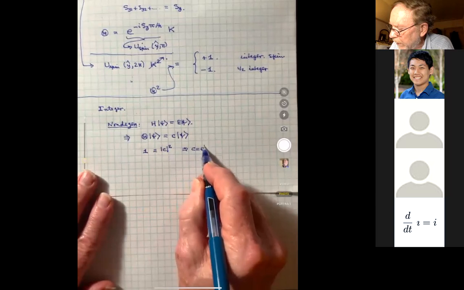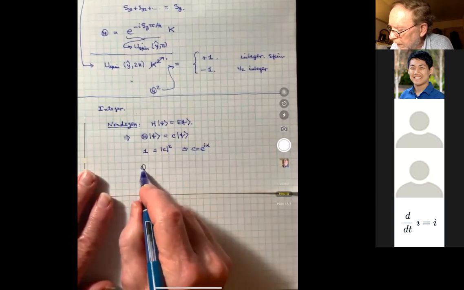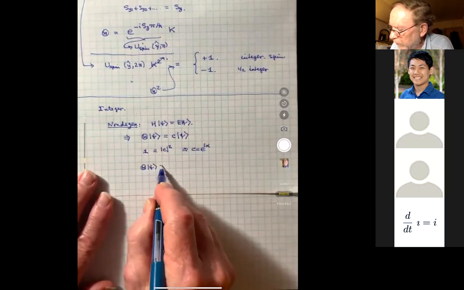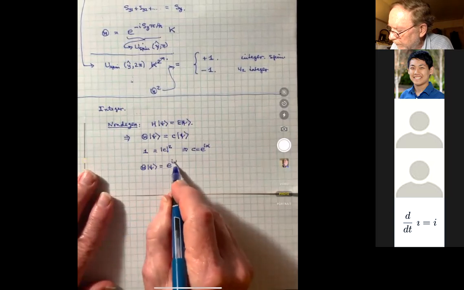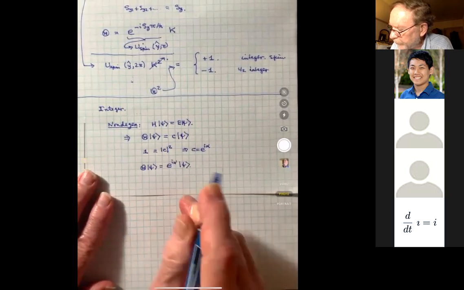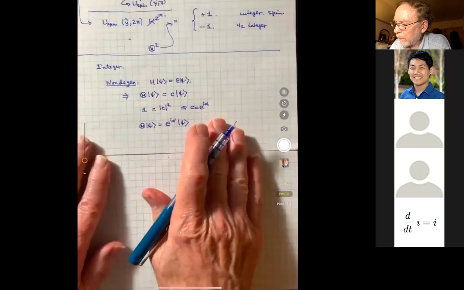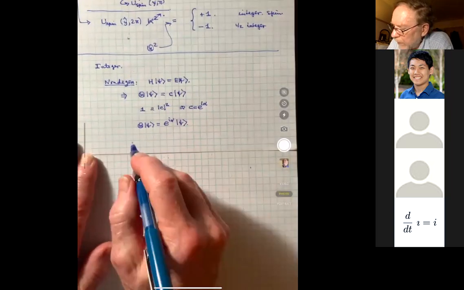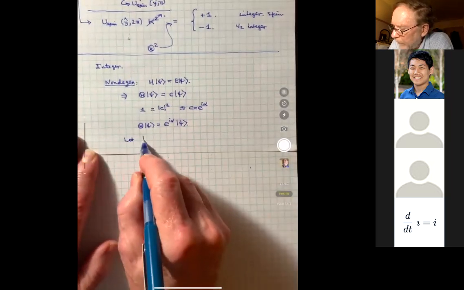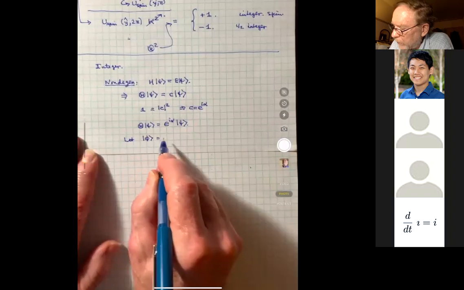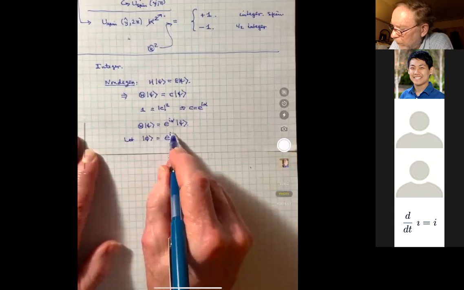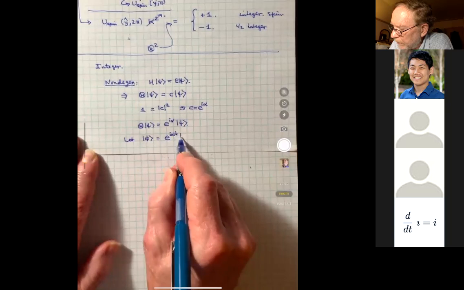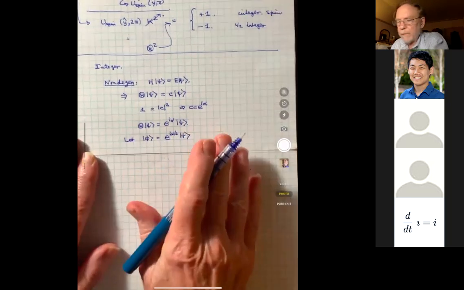Let's call it e to the i alpha. So let's write the equation again. Theta acting on psi is equal to e to the i alpha times psi. All right. Now, let's define a new state phi to be equal to half this angle, e to the i alpha over 2 times psi. Let's do that.